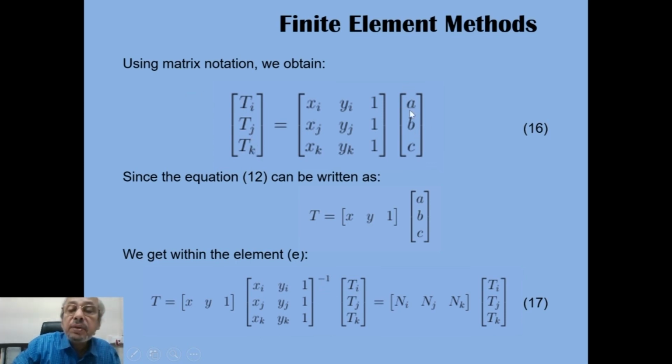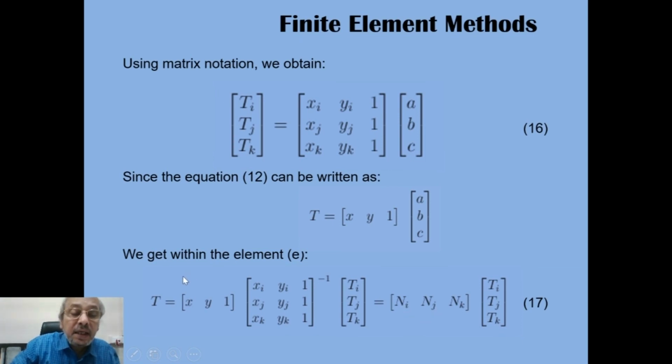We have just found out what A, B, C is. So x y 1 multiplied by the inverse of this matrix into Ti, Tj, Tk. Now we can call these, which are multipliers of Ti, Tj, Tk, Ni, Nj, Nk.